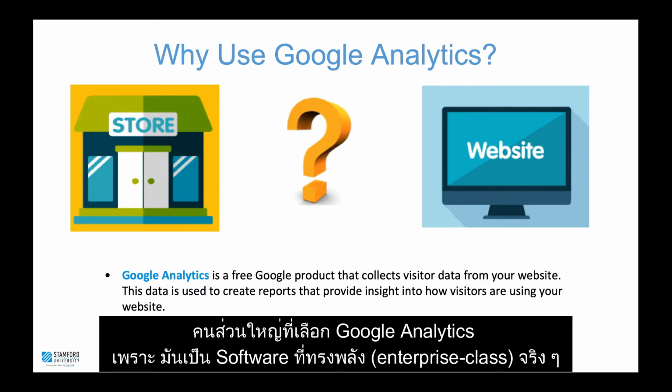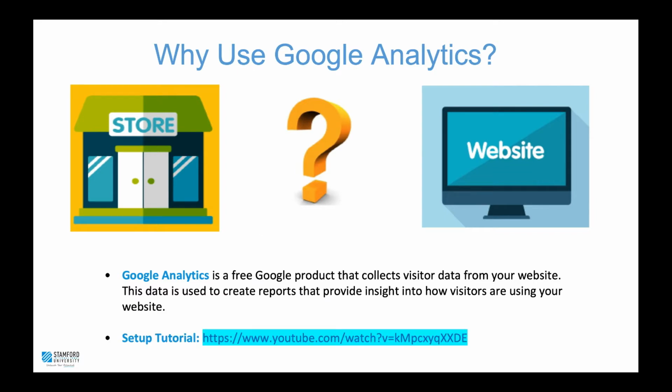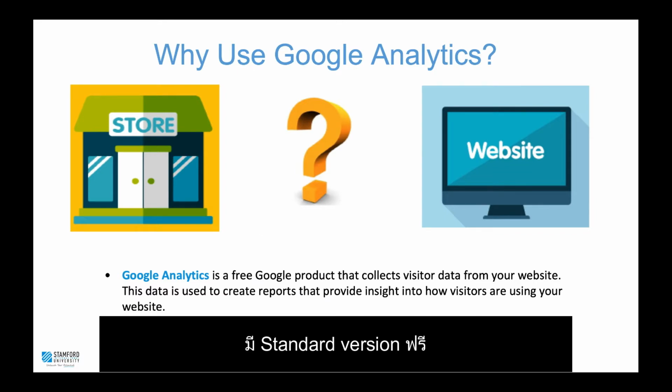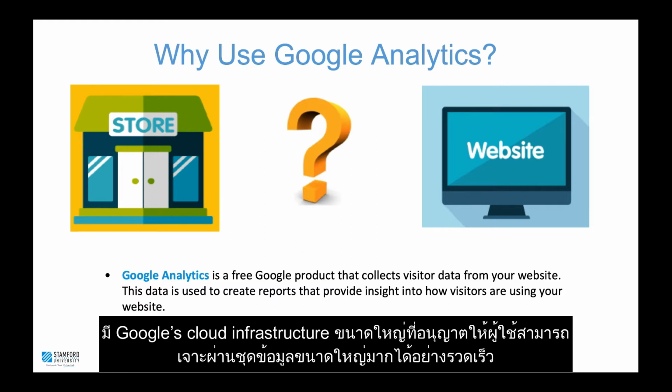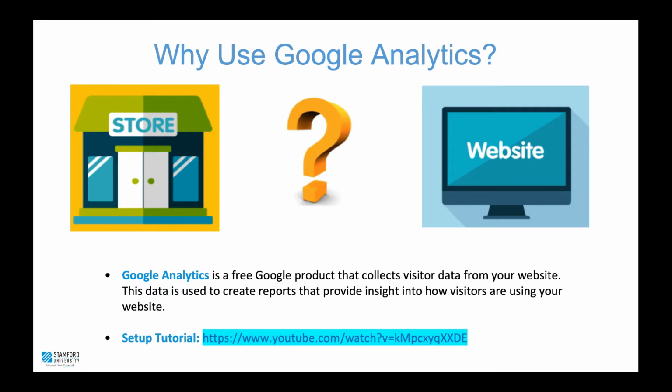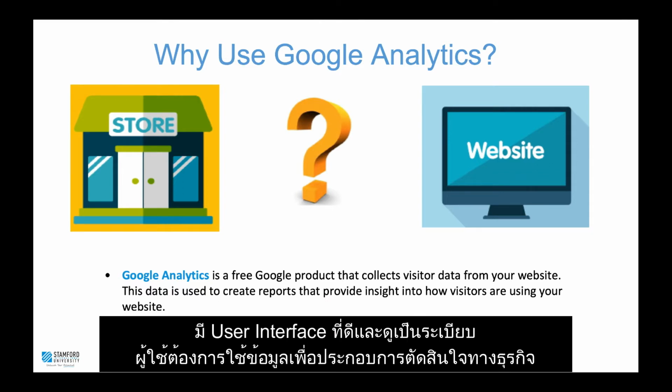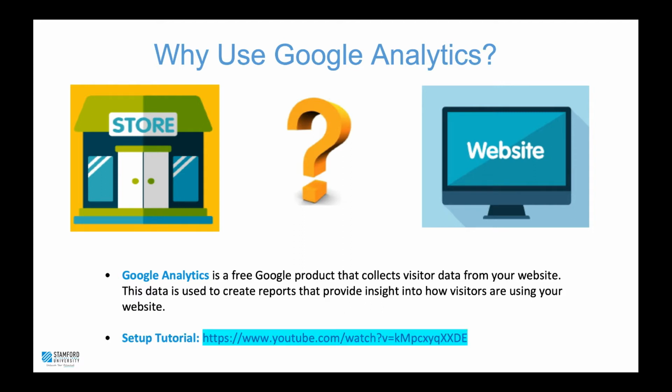Most people who use GA do so because it's a very powerful tool. It's free, that's the main thing. Google's tremendous cloud infrastructure allows them to rip through very large data sets rather quickly. It also has a nice, clean user interface. They want to use data to make informed decisions, and this helps them.